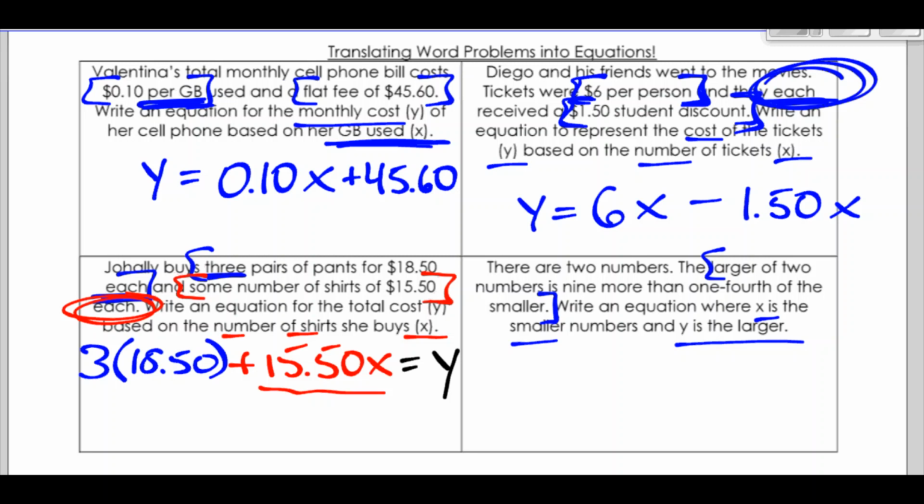Actually, this is more of direct translating. The larger one, we're calling that y, that equals, y equals 9 more than, that's 9 being added to something, so I'm going to do plus 9 on the end of this, 1/4 of the smaller one, 1/4 of x.